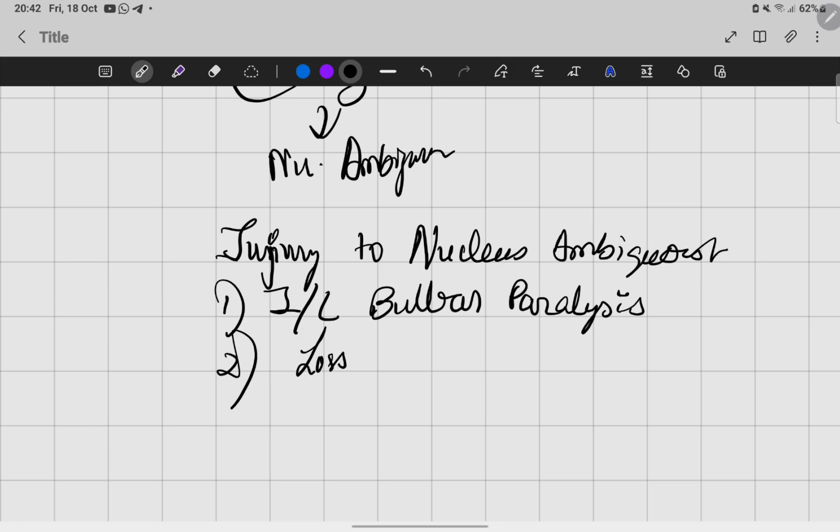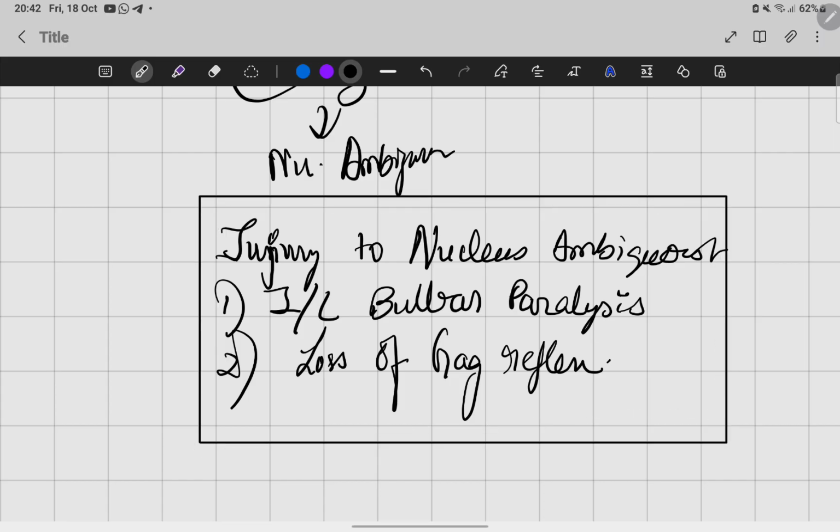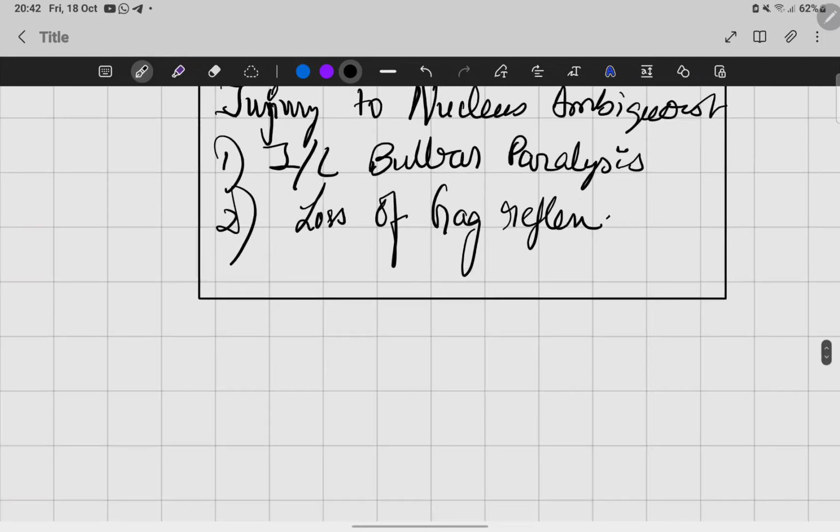It is caused by the 9th and 10th nerve. Please remember it.